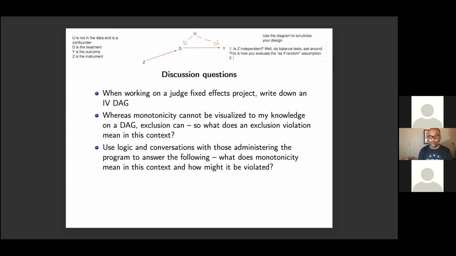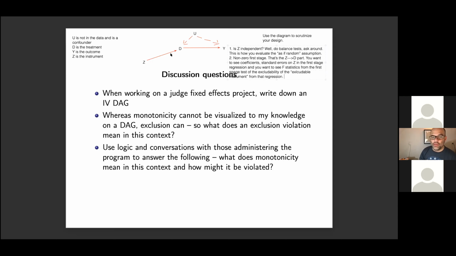Number 2, non-zero first stage, right? That's the Z to D part. You want to see coefficients and standard errors on Z in the first stage regression, and you want to see F statistics from the first stage test of the excludability of the excludable instrument from that regression.